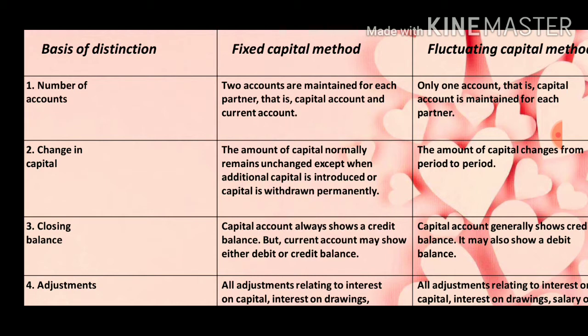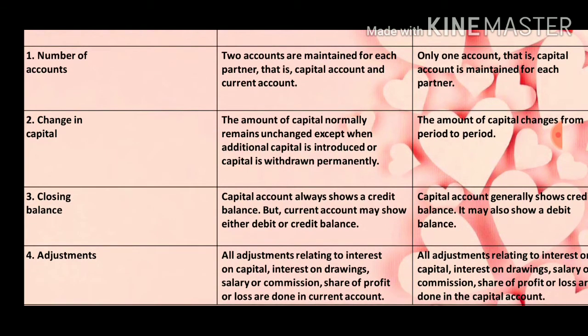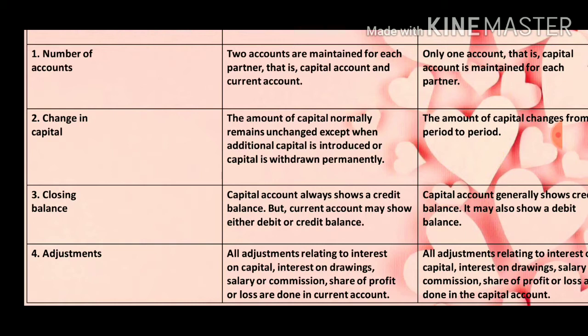The third one is the closing balance. In the fixed capital method, the capital account always shows a credit balance, but the current account may show either a debit or credit balance. In the fluctuating capital method, the capital account generally shows a credit balance, though it may also show a debit balance. The fourth one is adjustment. In the fixed capital method, all adjustments relating to interest on capital, interest on drawings, salary or commission, and sharing of profit or loss are done in the current account.